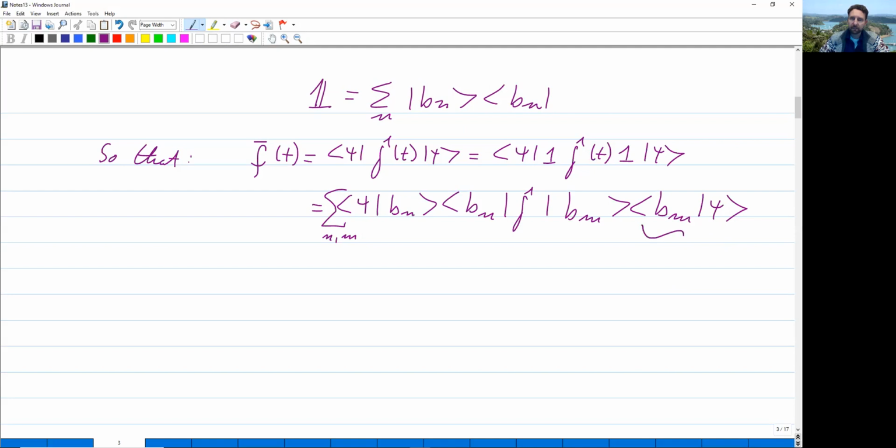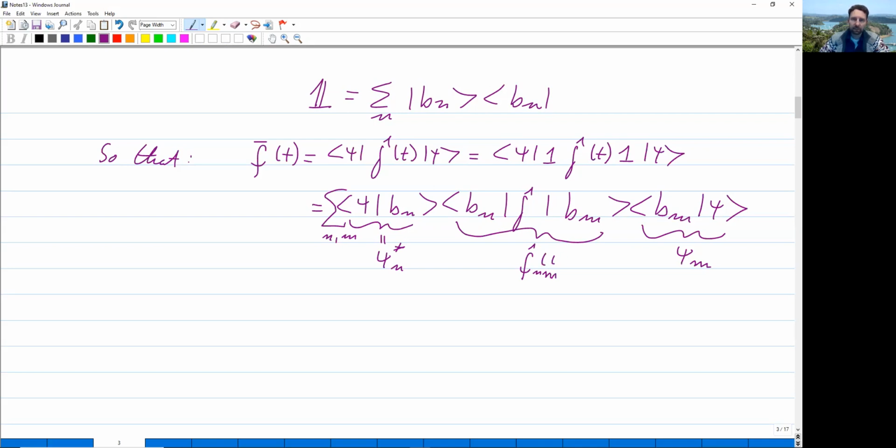Now this is called psi m. This here is the complex conjugate of psi n. So this is psi n complex conjugated because the Bn is on the right, not on the left. And here, this we may call the matrix element. This is the nm-th matrix element of the operator f hat in the B basis.